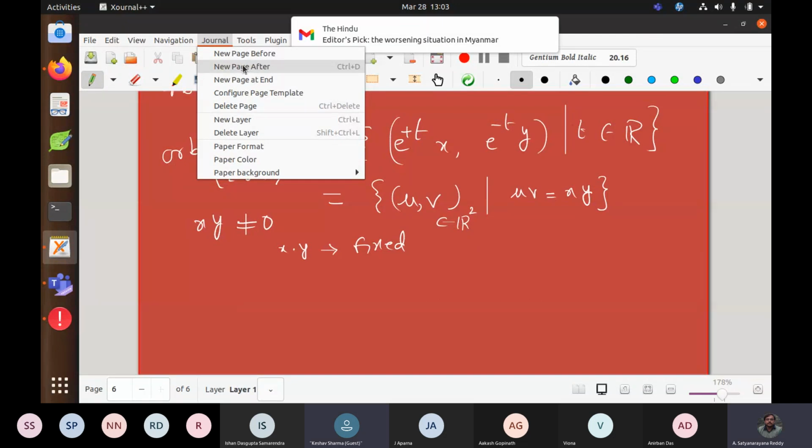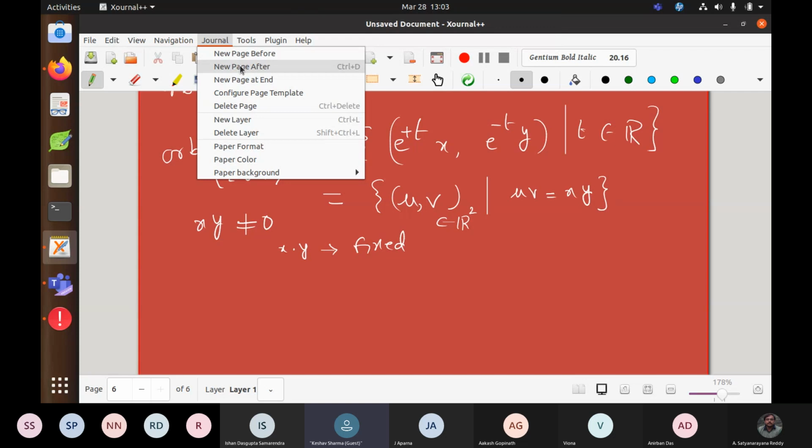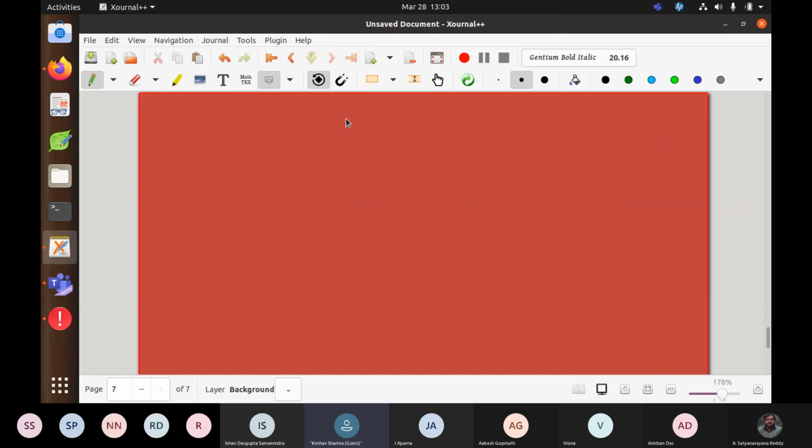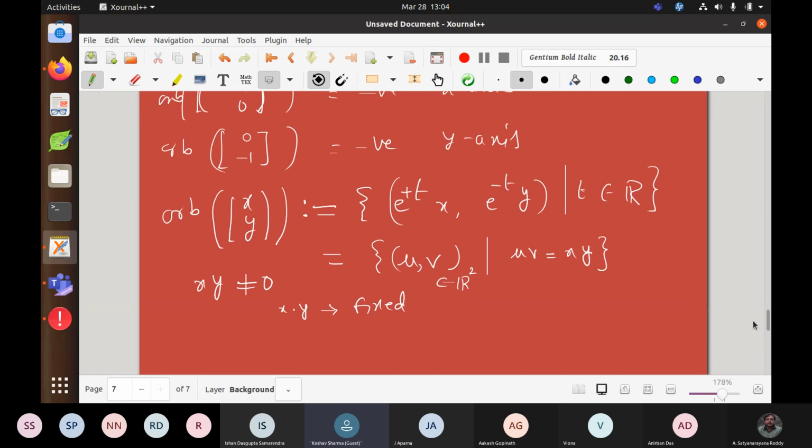Sir, actually I want to ask, initially I was thinking that this product remains invariant under this operation. Can we say the orbit is just the set which remains invariant under some kind of operation we perform? Yeah. Orbits are actually invariant sets only, right?